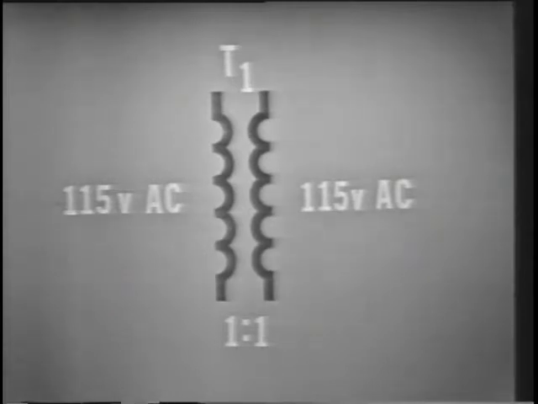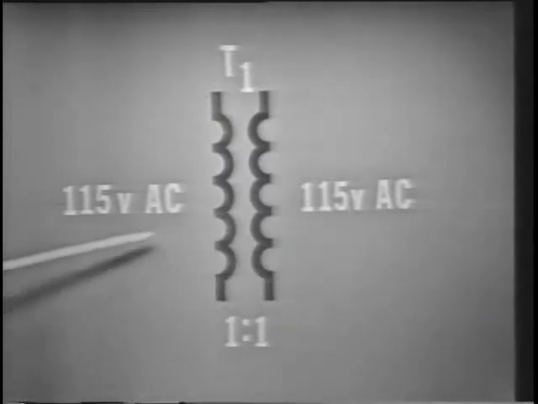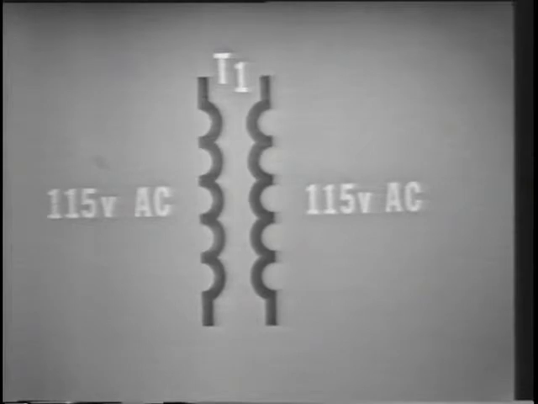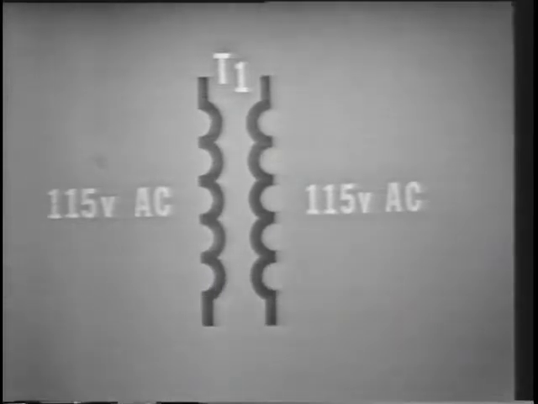Now here we see a 1-to-1 ratio, which means that the secondary voltage is exactly the same as the primary or input voltage. A 1-to-3 ratio, shown schematically like this, simply means that the secondary voltage is 3 times the primary voltage. Now if no ratio is indicated, then it's assumed to be a 1-to-1.